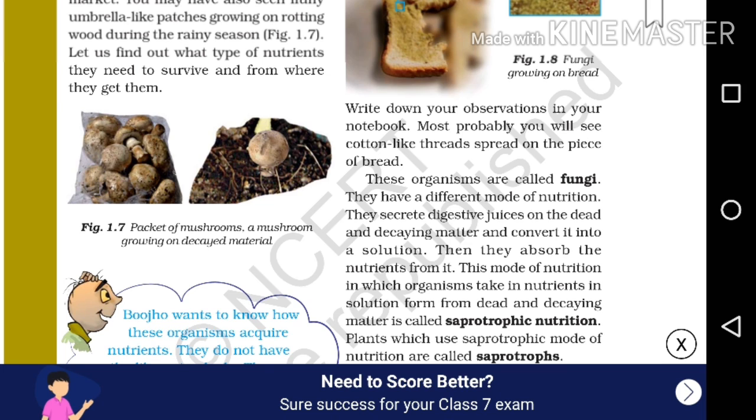Okay, then these organisms will absorb the nutrients from the solution. So these fungi have converted the dead and decaying matter into a solution. From this solution, these organisms will absorb the nutrients. Okay, this is the saprotrophic mode of nutrition. Is it clear? Yes.